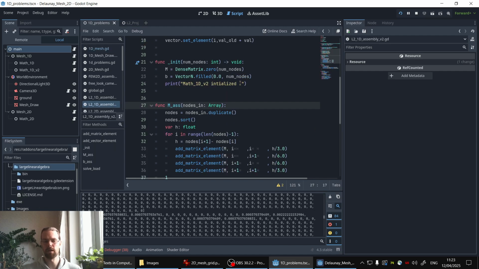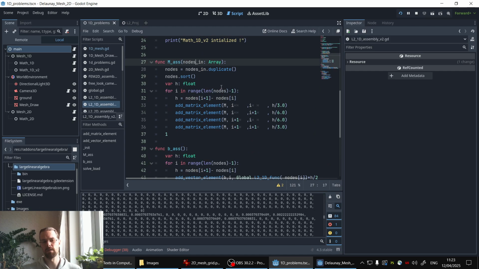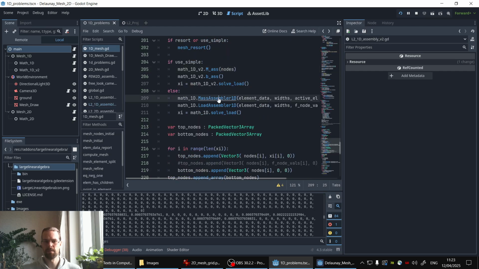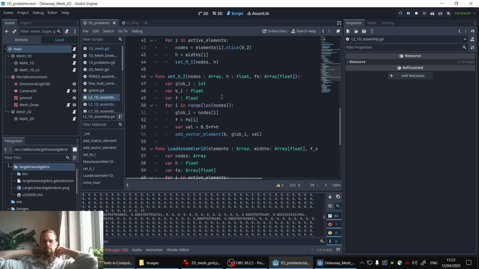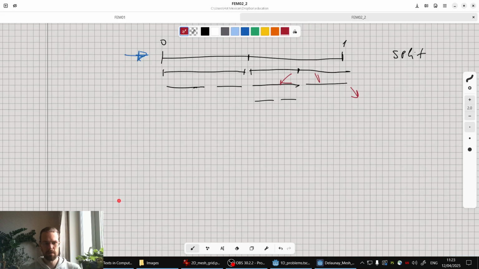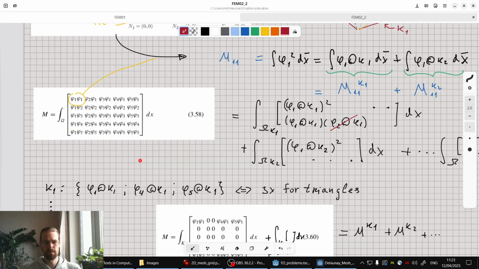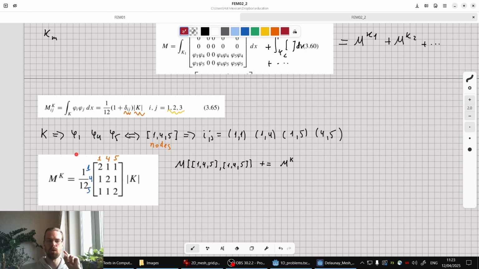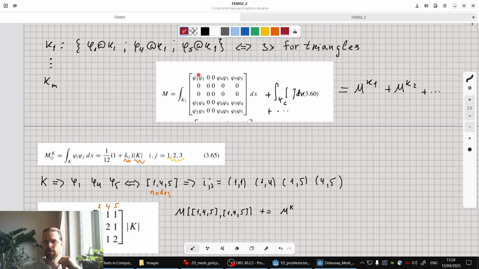So remember how this looked. The regular approach simply manipulated entries. Here we return to the idea of linking, using only a local 2 by 2 matrix in this case, and then using node IDs to place it in a bigger matrix.